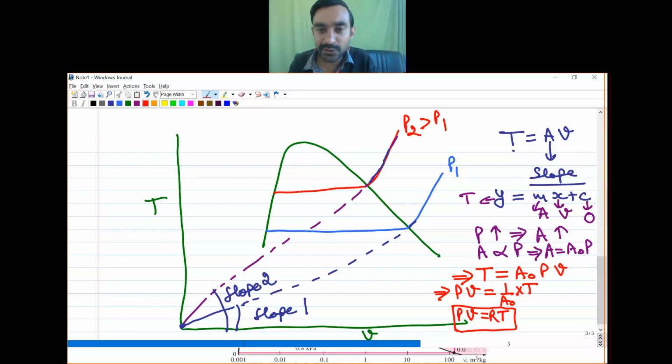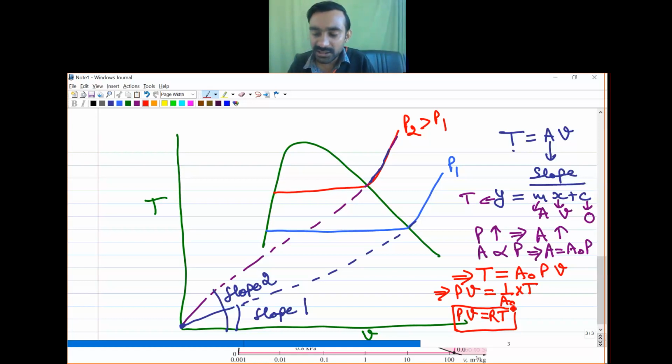And if we represent the equation of state for this substance, it takes the form PV equal to 1 by A naught into T, where A naught is some constant, and in our ideal gas equation PV equal to RT, R is also a constant.